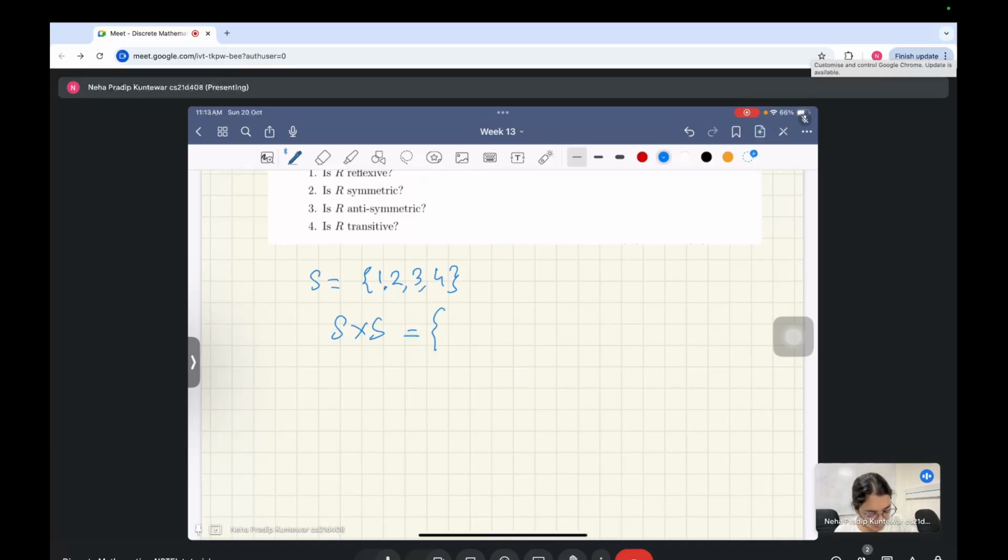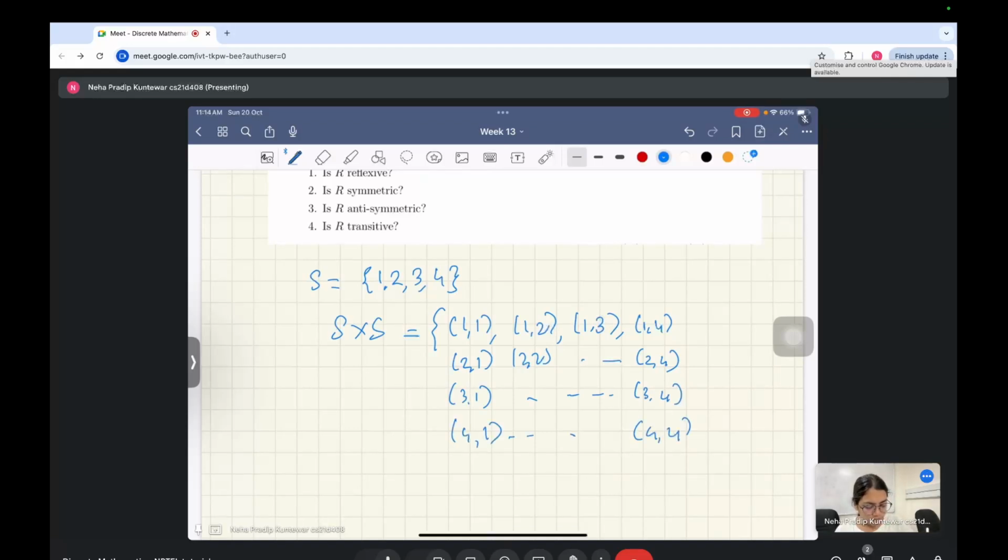So this will look like (1,1), (1,2), (1,3), (1,4), (2,1), (2,2) and so on to (4,1) and so on up to (4,4). So this is nothing but an entry-wise, element by element product of the set.